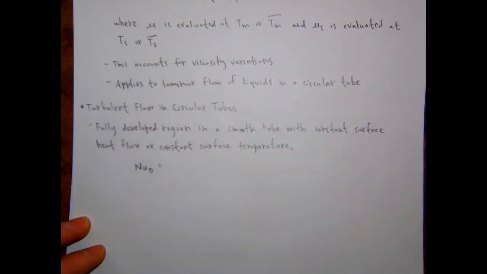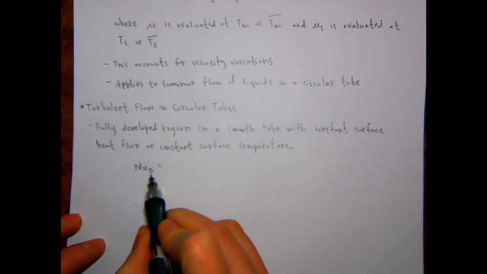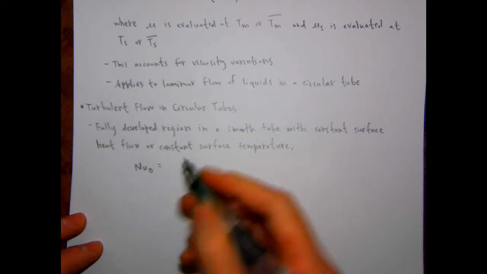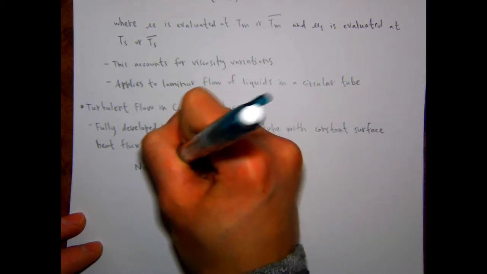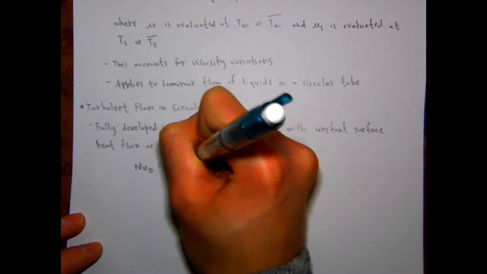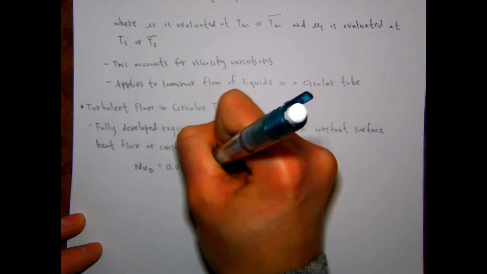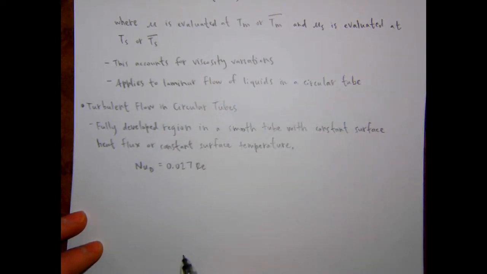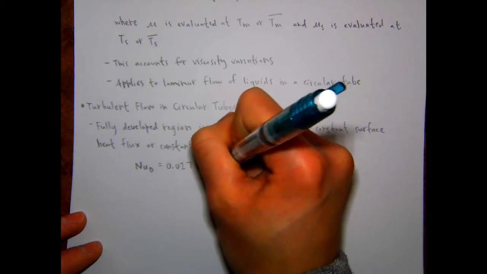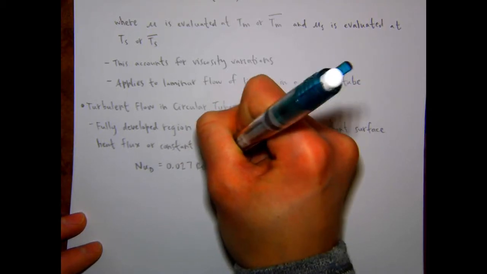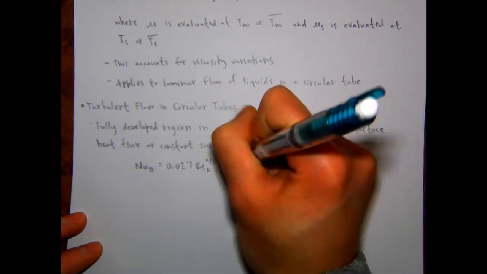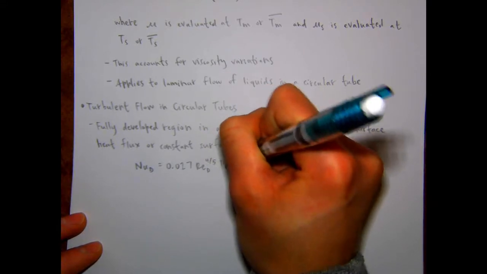So remember, we're talking about the fully developed region. It's going to be preceded by an entry region. So we'll just write down the expressions for the local Nusselt number in the fully developed region. So that's 0.027 times the Reynolds number to the 4/5 times the Prandtl number to the 1/3.